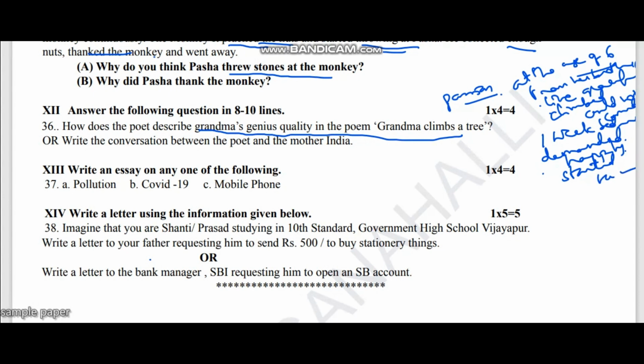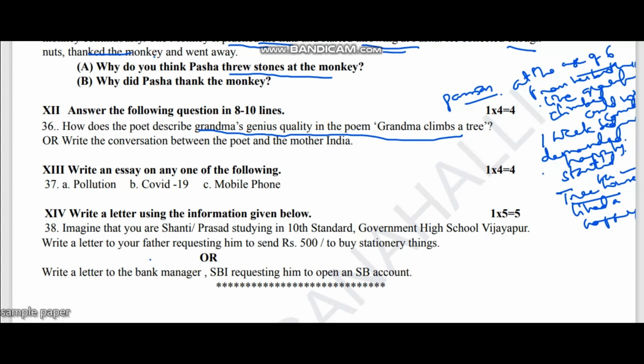And next day they built a tree house. And now every day Grandma would move to the tree house, and Ruskin Bond would go with her to the tree house, and Grandma lived a happy life. And this shows the genius quality of Grandma in the poem Grandma Climbs a Tree.